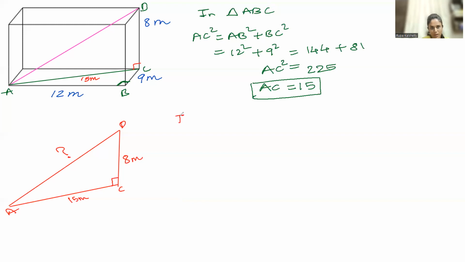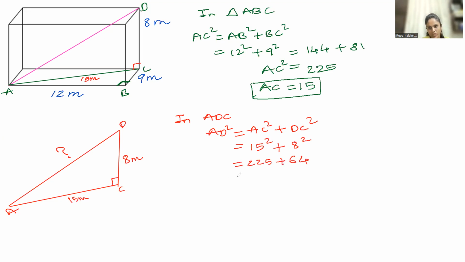Once we have this, again, a right triangle, we can find AD easily by using the Pythagorean theorem. So in triangle ADC, you can write AD square equals AC square plus DC square. What is your AC square here? This is 15 square plus DC square is 8 square, which is 225 plus 64, which gives us 289.